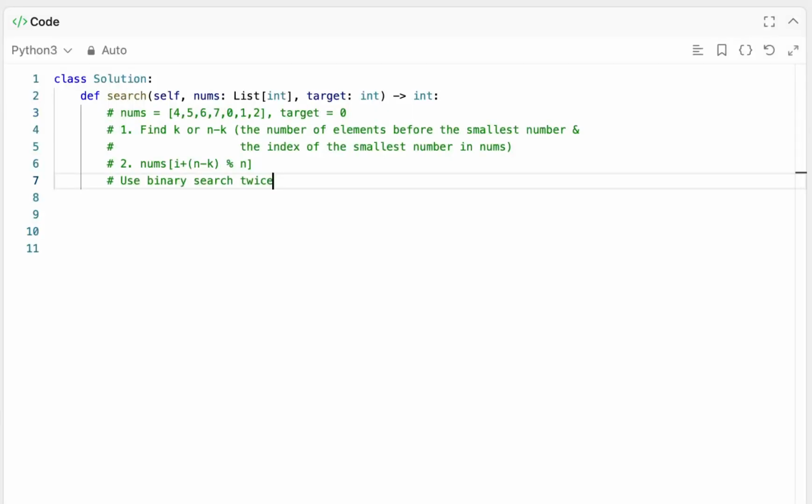So n minus k is equal to 4. And as n is equal to 7, we get k is equal to 3. Is it right? 0, 1, 2, 3, because k is 0 indexed. Right, so it works.